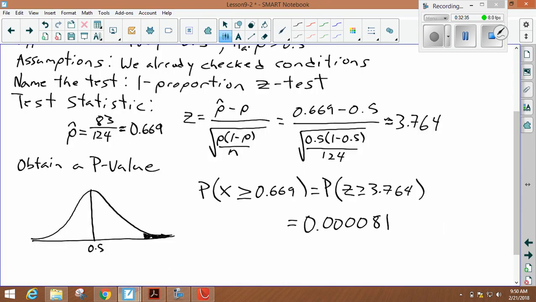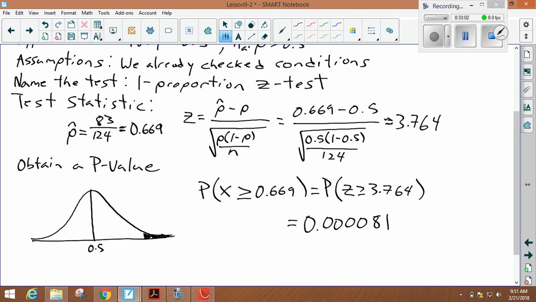What does that value mean? So that is the probability, given the proportion that we found, that the true proportion is 0.5.